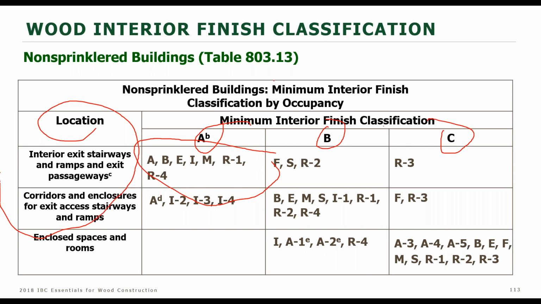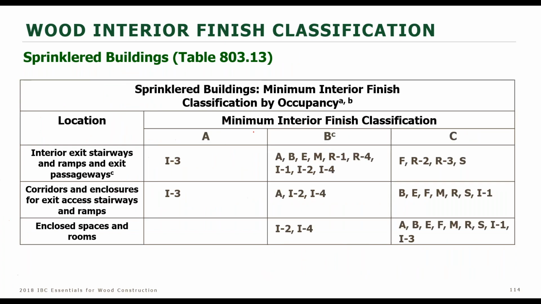And note when you get to chapter 8, the table is based on sprinklered and non-sprinklered. So in exit elements, more critical, lower flame spread classification. Same table for sprinklered buildings. Everything shifts. You can have flame spread classification of B or C in most buildings, except for jails. So you can see how important sprinklers are for life safety.